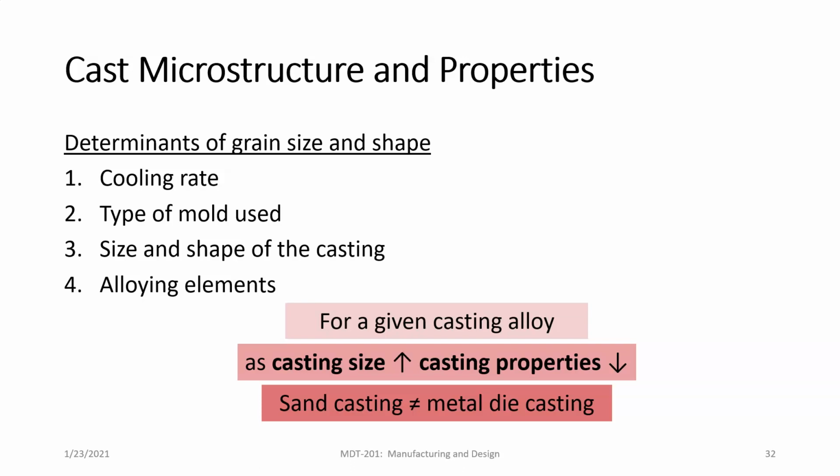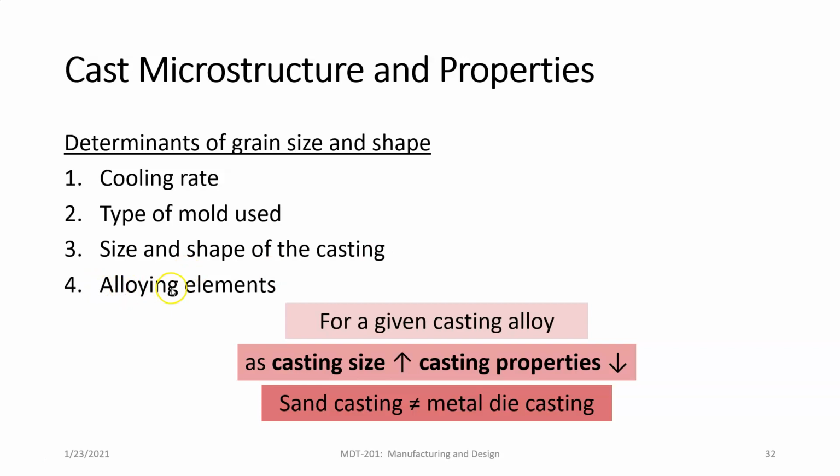When we're talking about mold, we're talking about maybe an insulated mold, like a sand mold, versus a mold that's going to be chilled from the outside, or a metal mold, right? For metal casting, the size and shape of the casting matters. Large castings are going to solidify slower, and so therefore they're going to have a certain grain structure compared to small castings, which are going to solidify faster.